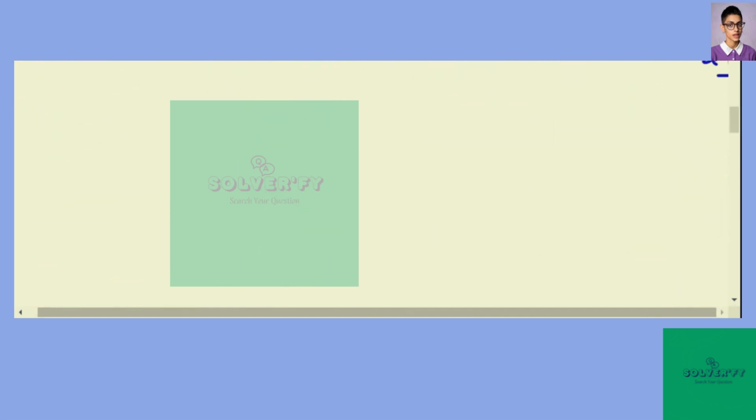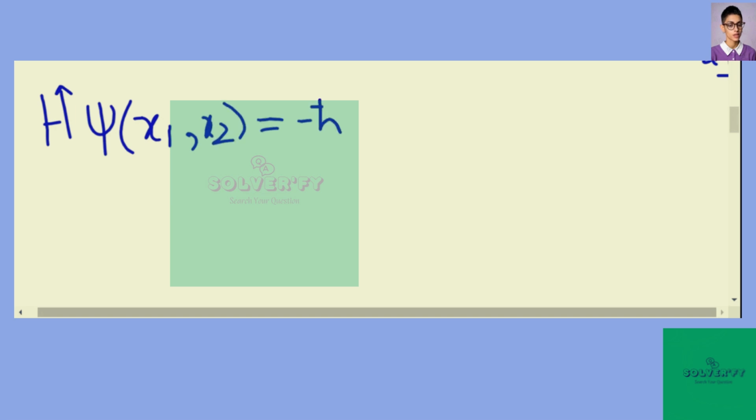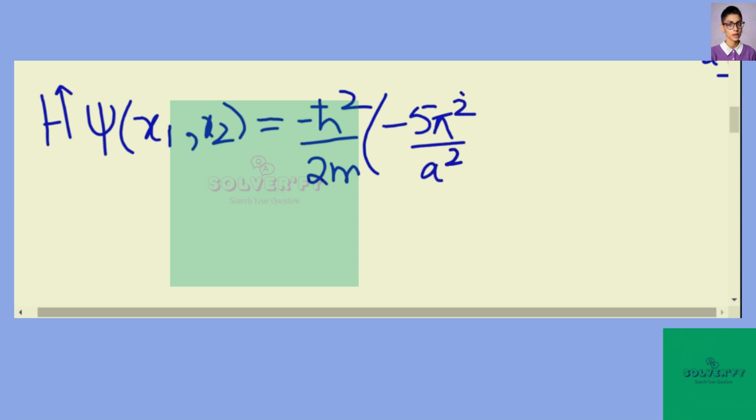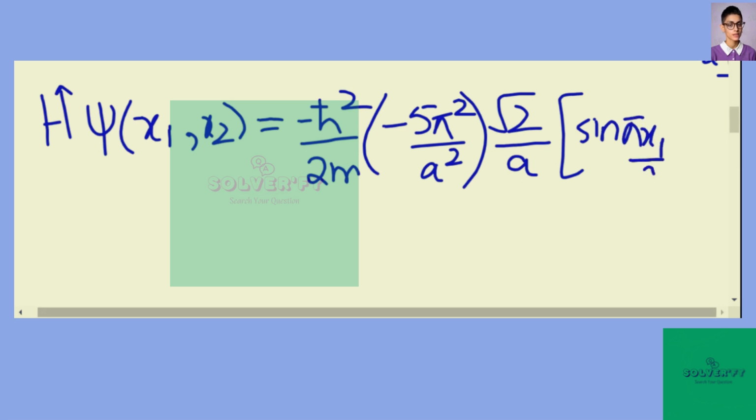So let's plug it in and we'll get an equation for the Hamiltonian of the wave function x1 and x2, which is equal to negative h cross squared divided by 2m, times negative 5 times pi squared divided by a squared, parenthesis close, root 2 divided by a, sine pi x1 divided by a sine 2 pi x2 divided by a, negative sine 2 pi x1 divided by a into sine pi x2 divided by a.